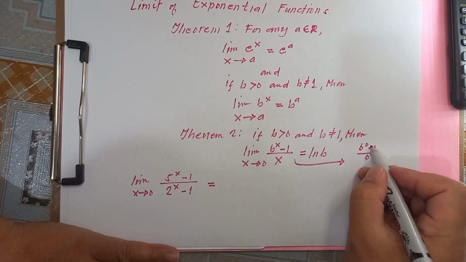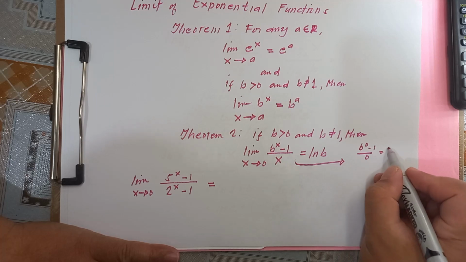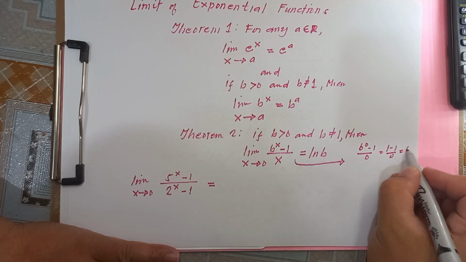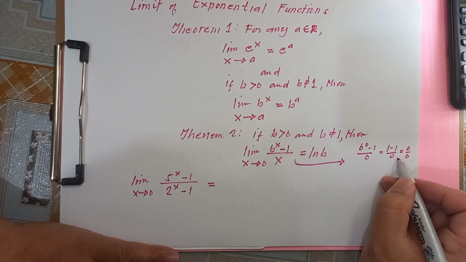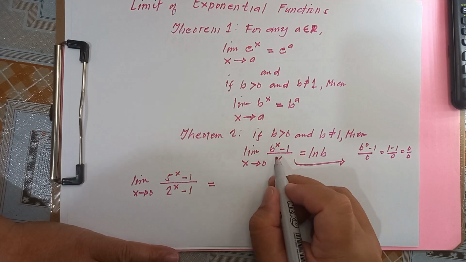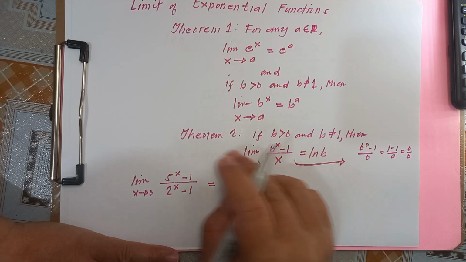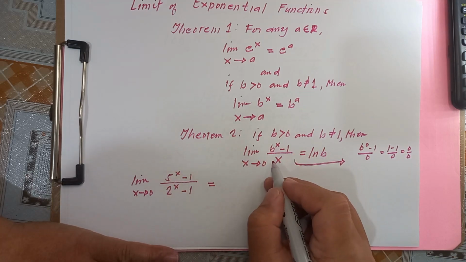Any number raised to 0 is the same as 1, so 1 minus 1 over 0, the result is 0 over 0, and that is indeterminate. And so we do not make use of the direct substitution.